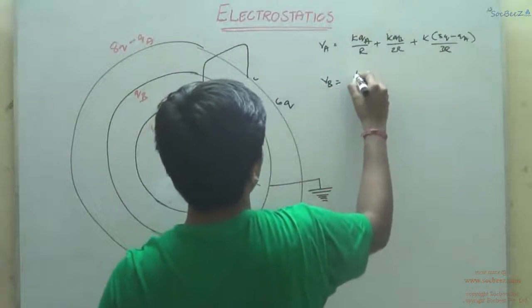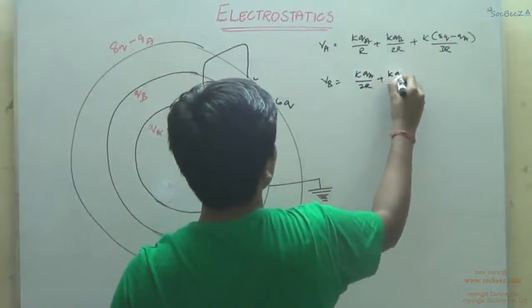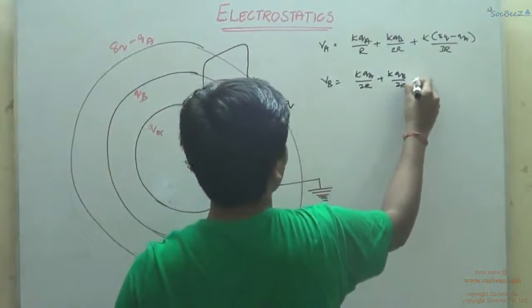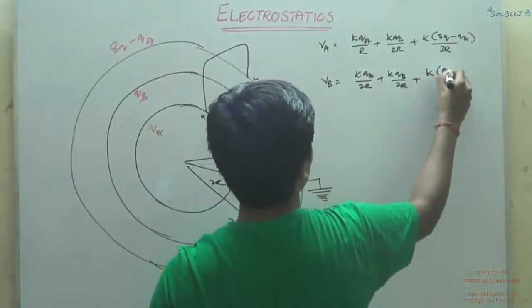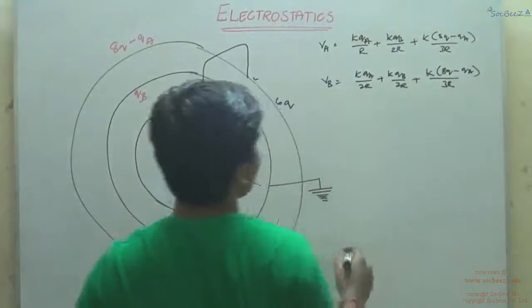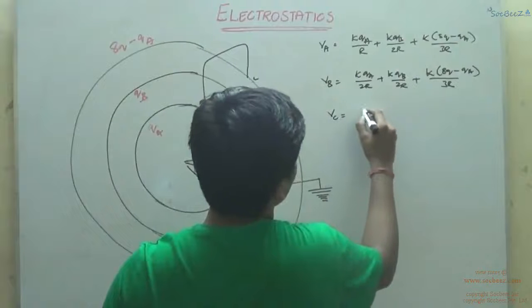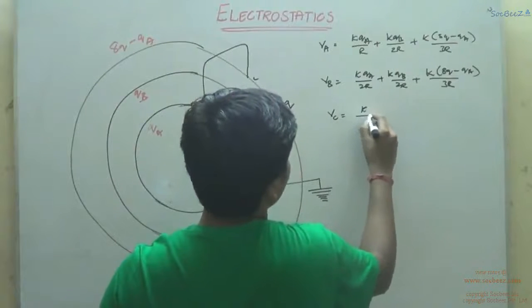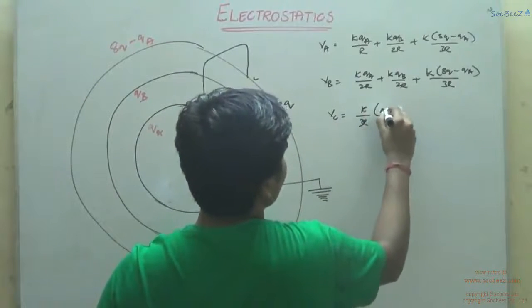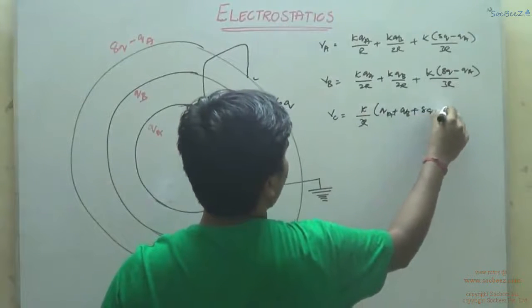VB is equal to K times QA by 2R plus K times QB by 2R plus K times 8Q minus QA by 3R. Now what is VC? VC is equal to K by 3R times QA plus QB plus 8Q minus QA.